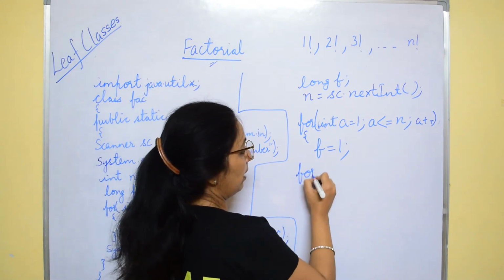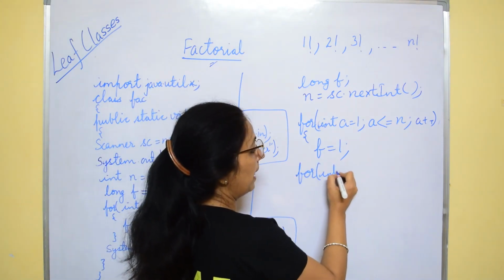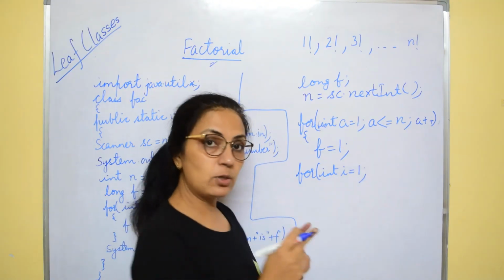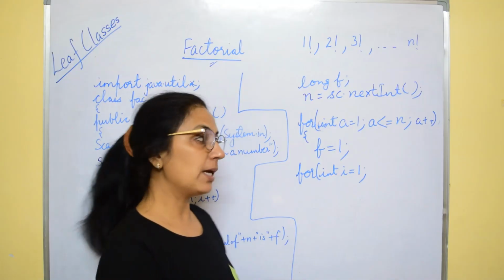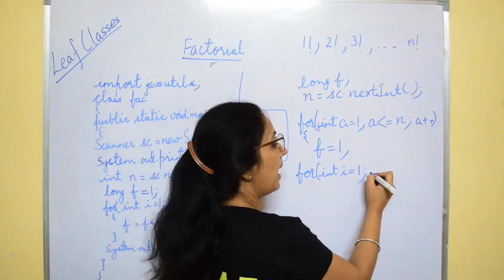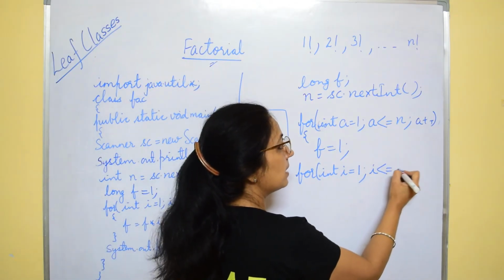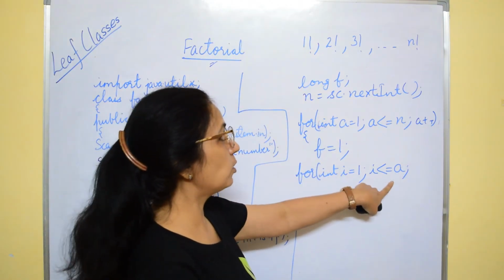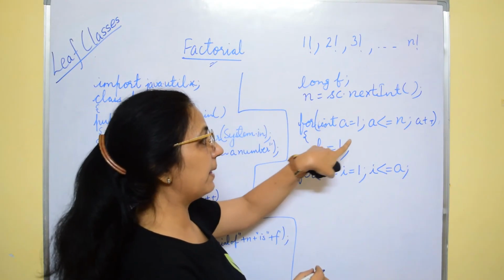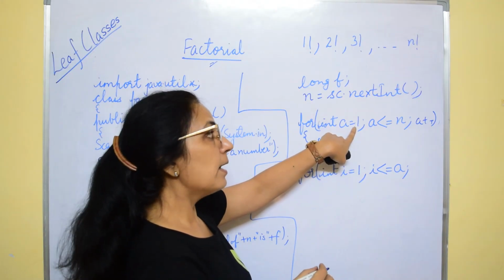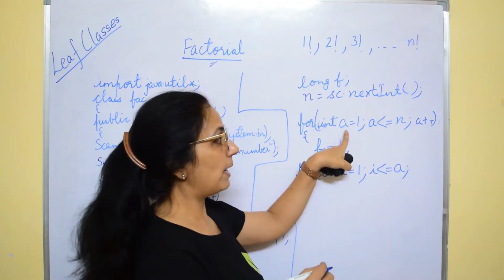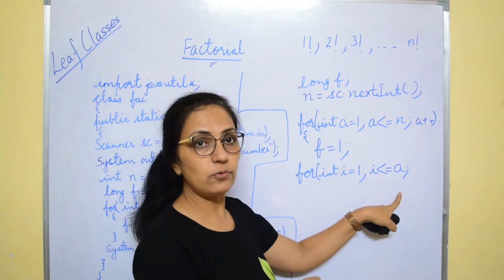So now we'll take the inner loop, int i equals to 1. In factorial, every time the multiplication starts from 1, and then i is less than equals to a. So first time it will go from 1 to 1, and factorial of 1 will be calculated. Then when a is 2, it will go from 1 to 2, when the value is 5, it will go from 1 to 5.